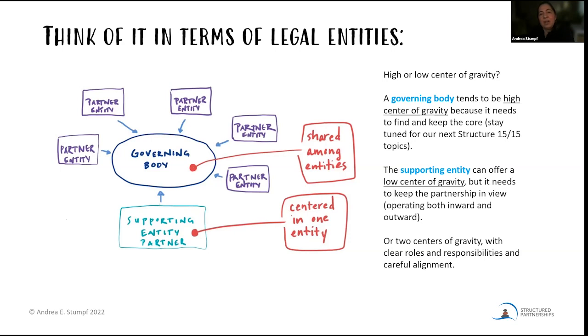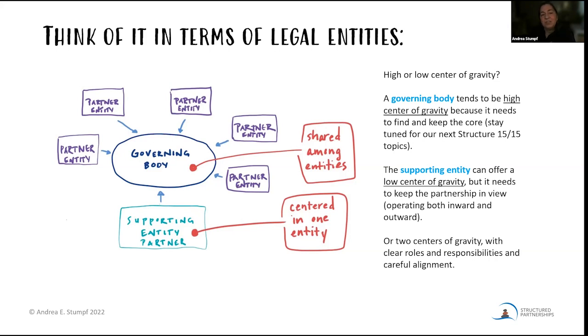It's an informal body, and there's more work involved in managing or maintaining that center of gravity. So next time when we talk about firm foundations, or the time after that when we talk about buttressing, we'll be talking in part about how to manage the governing body type center of gravity.